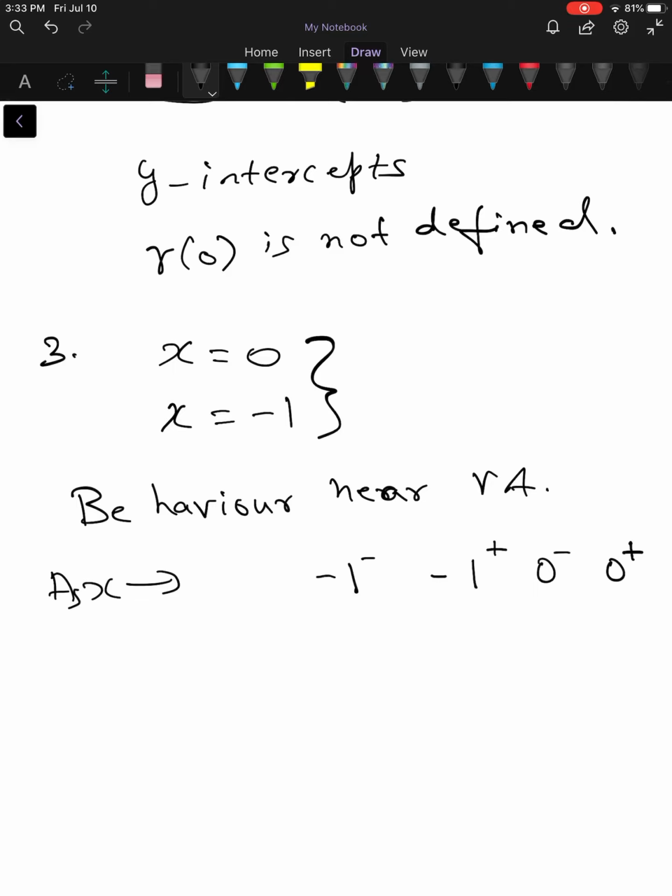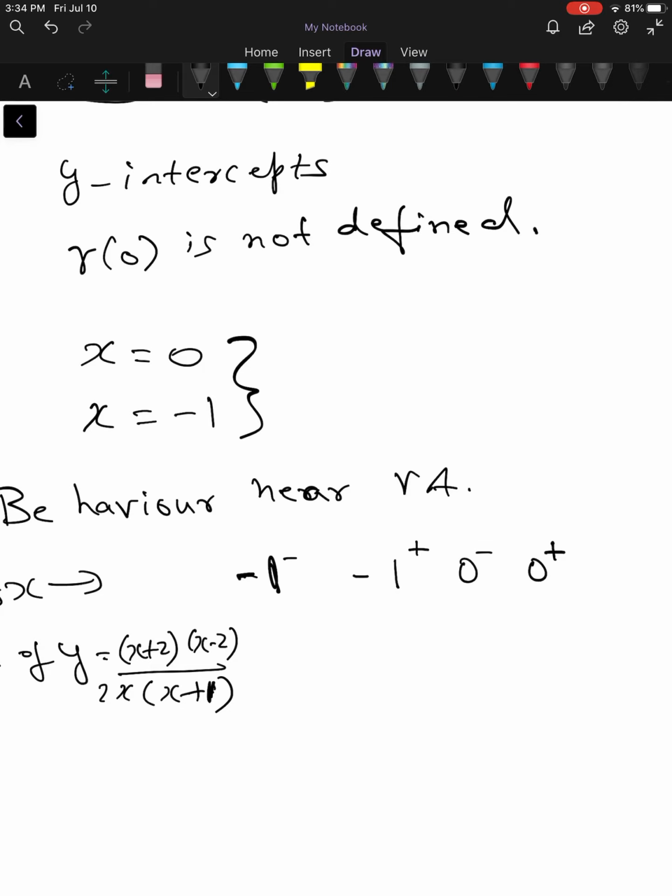Okay, so let us write down the sign of y equals (x plus 2) times (x minus 2) divided by x times (x plus 1). Negative 1 minus. So what is negative 1 minus? That is tending towards negative 1 from the left. So from the left, in the sense we have even negative 2, very close, any value in between negative 2 and negative 1.